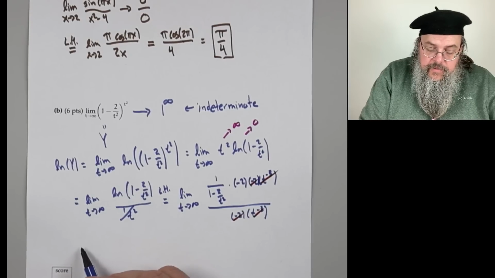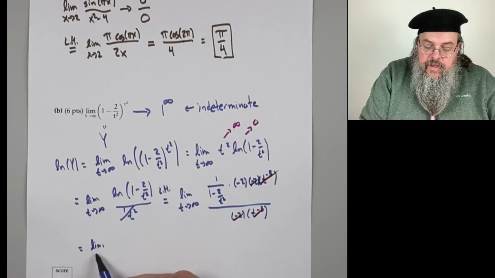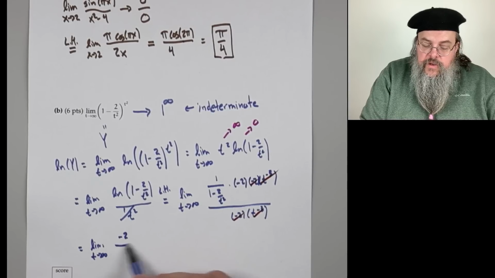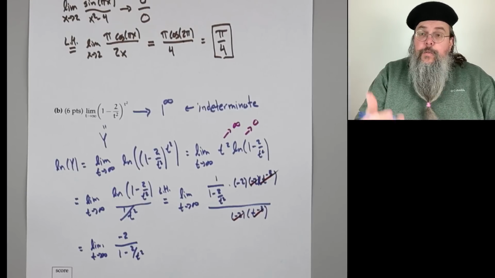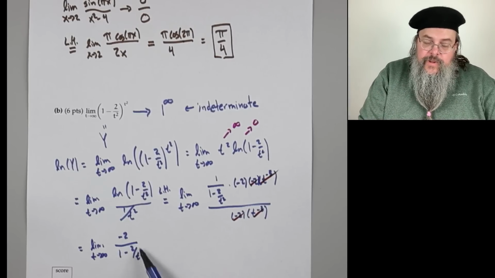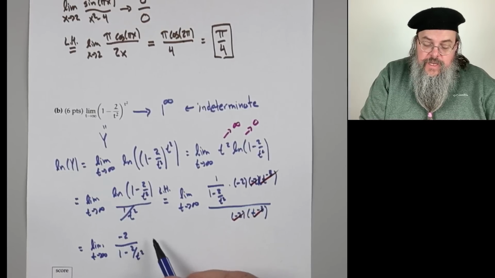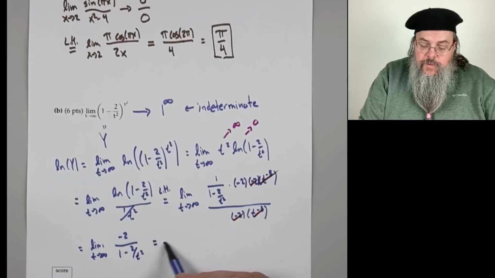Well, at this point we have the limit as t goes to infinity of minus 2 over 1 minus 2 over t squared. Wonderful, right? The over t squared part goes away because t squared is going to be really big, and over something big is small. So we get negative 2 over 1.